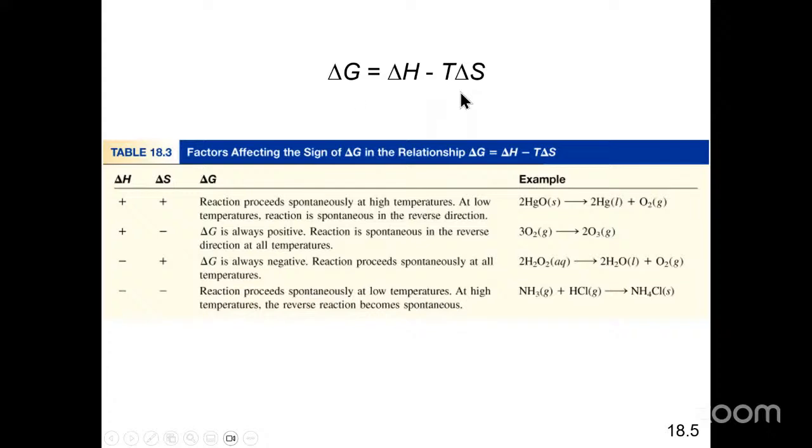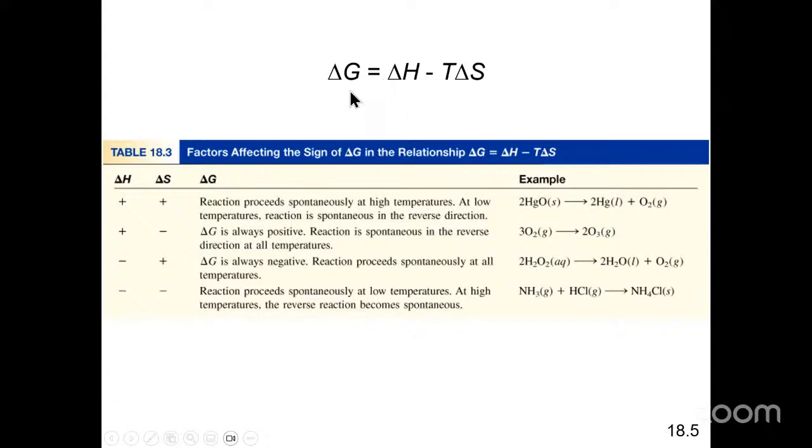Because if you think about the math or the algebra behind this equation, if T is relatively large, and delta S is positive and this is positive, that means that this part here would be greater compared to this part here, which means that delta G would be negative, right? So at high temperatures, delta G would be negative because when T is very high, this part would be greater than this part, which means that delta H minus T delta S would be negative.